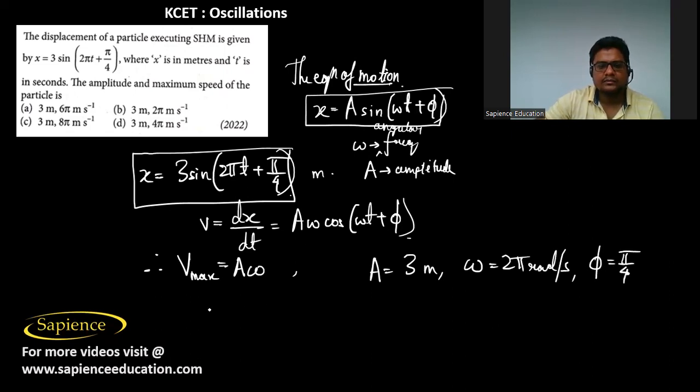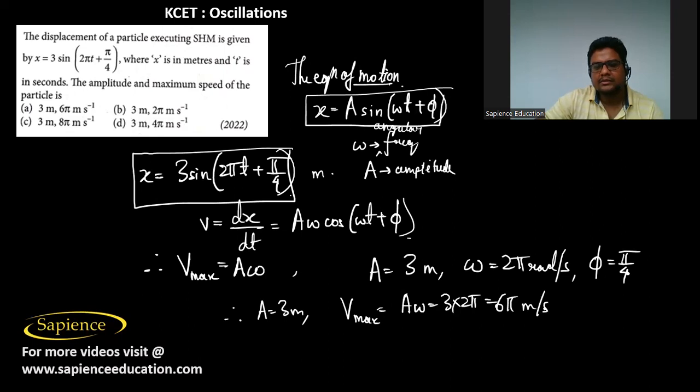Therefore the amplitude is 3 meter and the maximum speed a omega is 3 into 2 pi, which is 6 pi meter per second. That means option A is the correct answer.